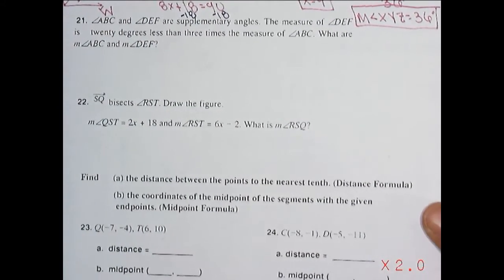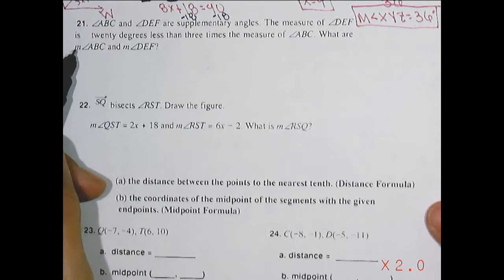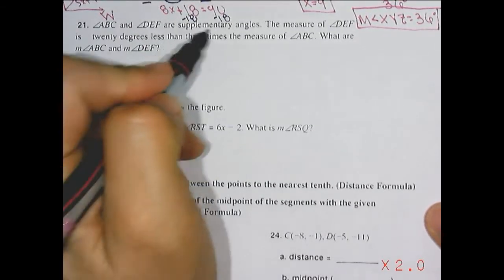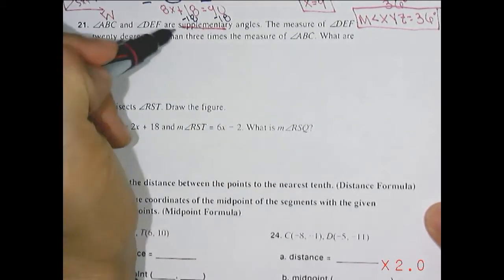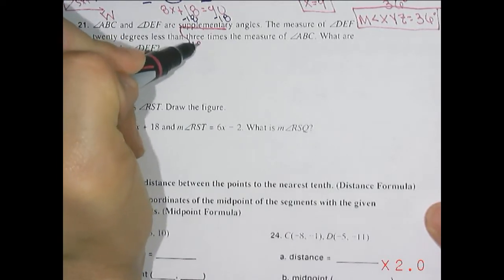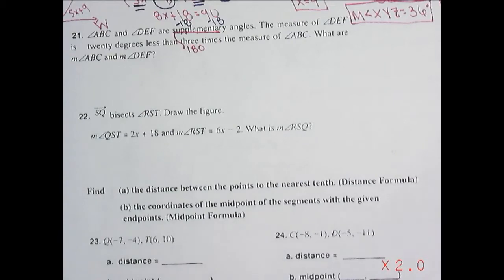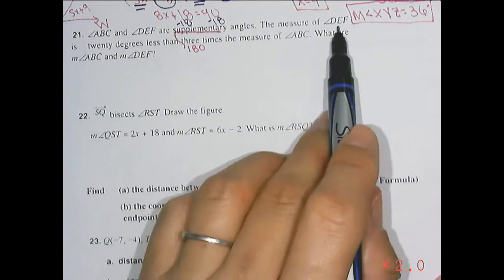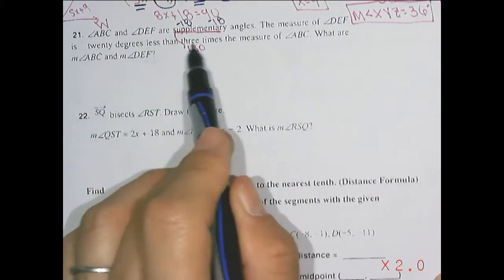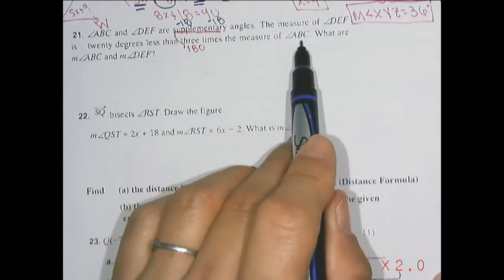We're going to move down now to number 21, and we're talking about supplementary angles this time. Remember that supplementary angles add up to 180. Okay? So what we're going to do is we are going to see that the measure of DEF is 20 degrees less than 3 times the measure of angle ABC.